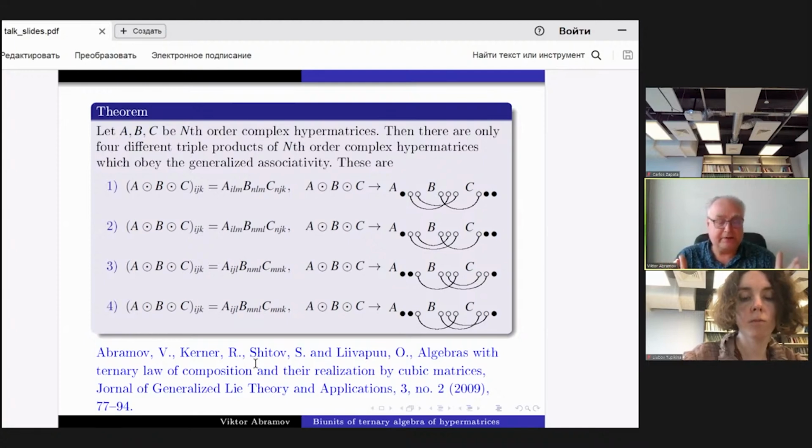You have 5 elements and you group them by brackets first on the left, then you shift the brackets to the middle, and then you shift the brackets to the right, and all this should be equal. And it turned out that there are no such ternary products which could obey this first kind of associativity. But we found 4 products which obey the second kind of associativity, which is called in this talk generalized associativity.